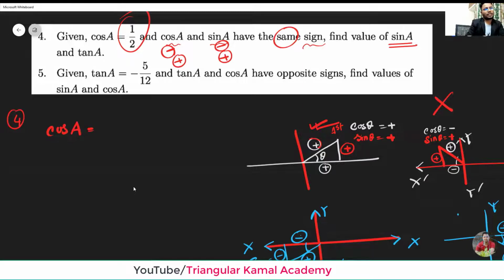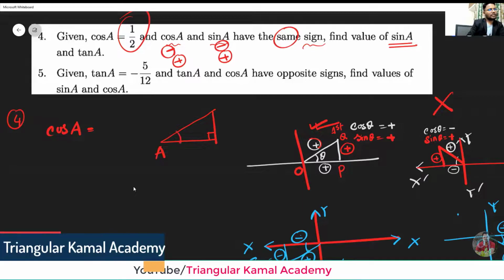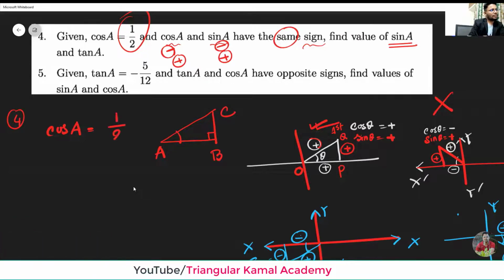If we draw the figure, this is O, this is P, and this is Q. Or we draw a right angle triangle, with angle A here. Angle B is the right angle, and this is C. So cos A is 1/2.